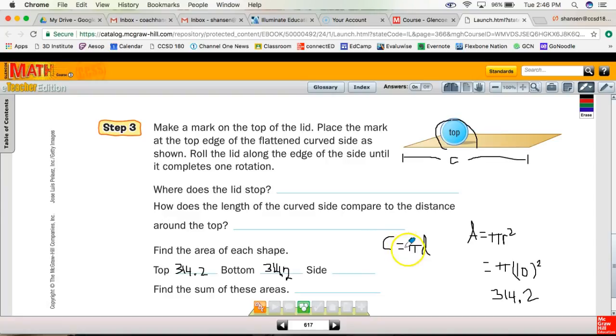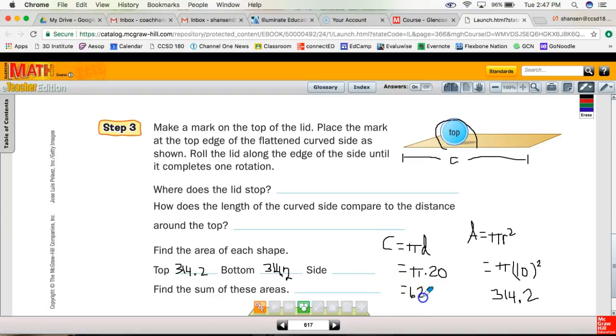They gave us a diameter of 20, right? So pi times 20, and that's 62.8 if I round it.